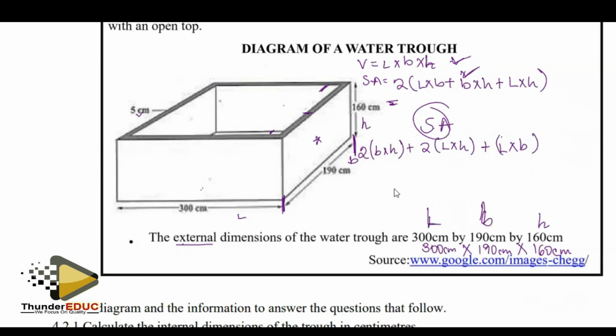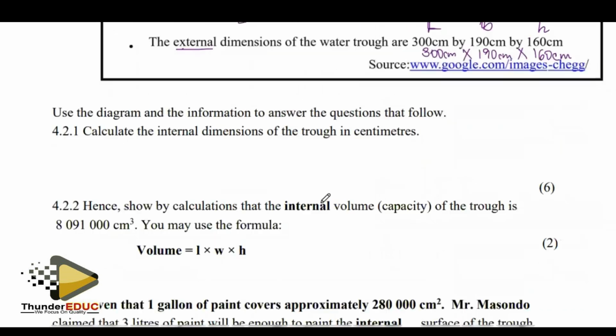For the length, you're going to subtract 10 because we have the 5 this side and the 5 that side. The breadth is the same story. You need to subtract 10, 5 that side, 5 this side. The height, you only need to subtract 5. The bottom part is represented, but the top one has nothing. There's nothing here.